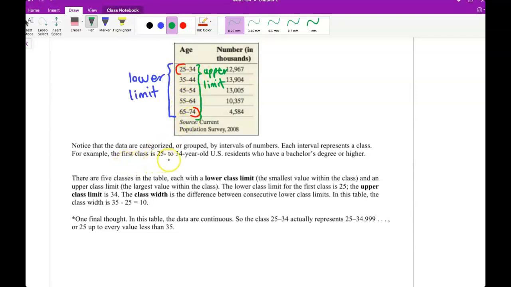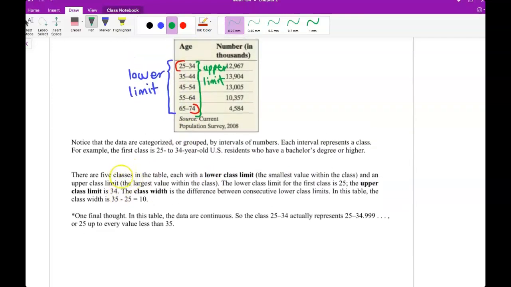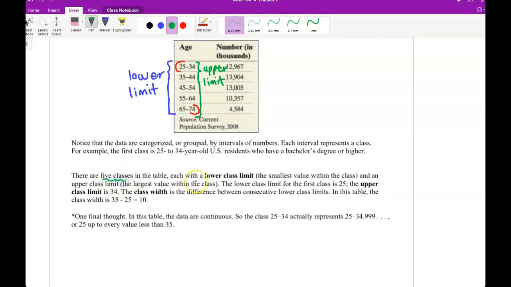The first class is 25 to 34-year-old. That is not exactly equal to 34. This is 34.9999, and it's very close to 35. That's why after that, here we have 35. So here we have 5 classes, each with a lower class limit.